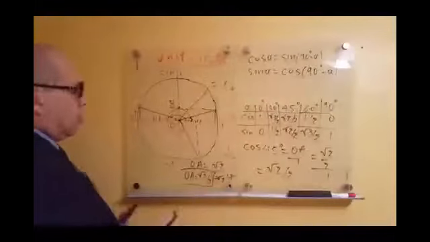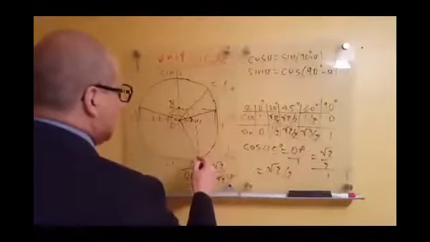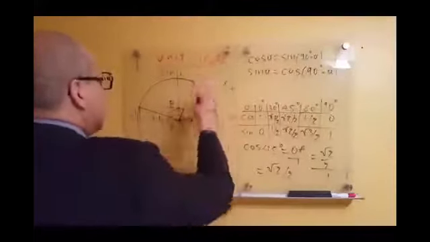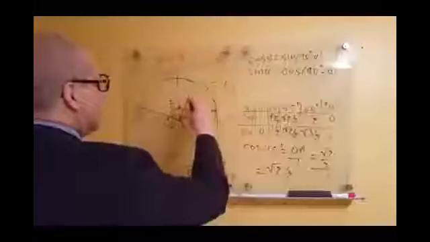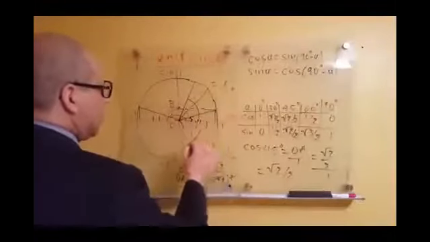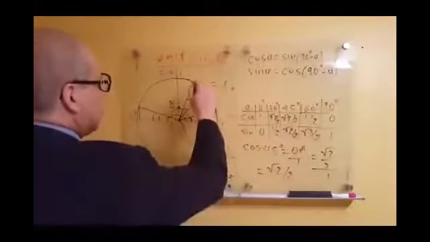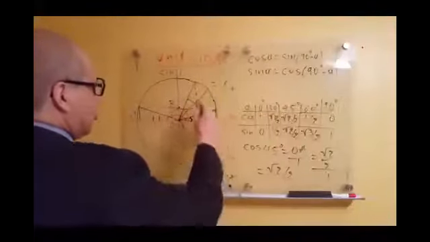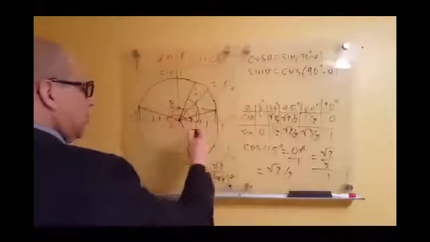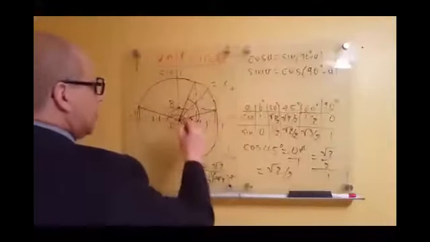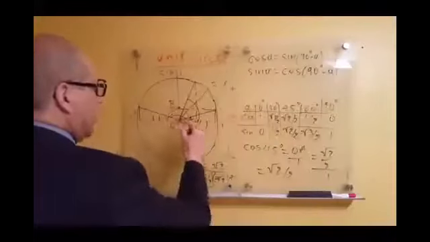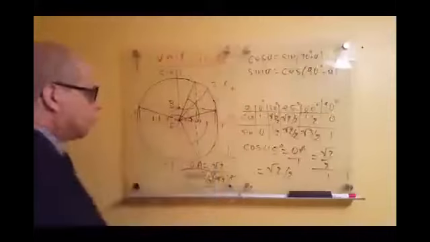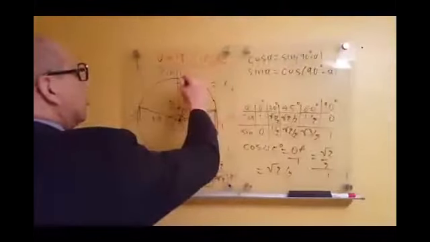If you bring an angle like this, which is equal to this angle here, you see that the cos of this angle and of this angle is the same, because the cos of the one is this and the cos of the other is also this.